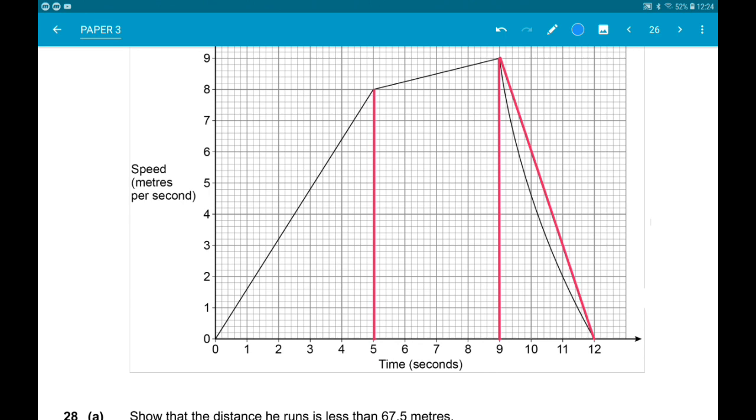So let's call these A1, A2, A3. A3, because the red line goes above the curve, is going to give us an overestimate. So A1 is a triangle.